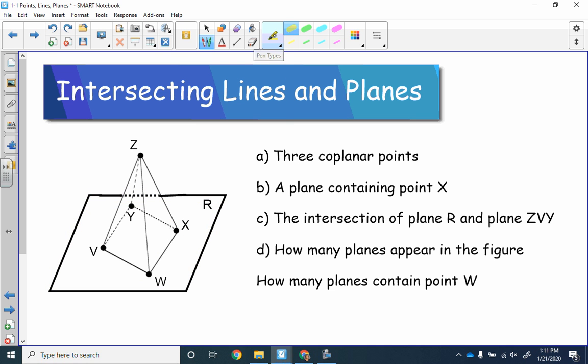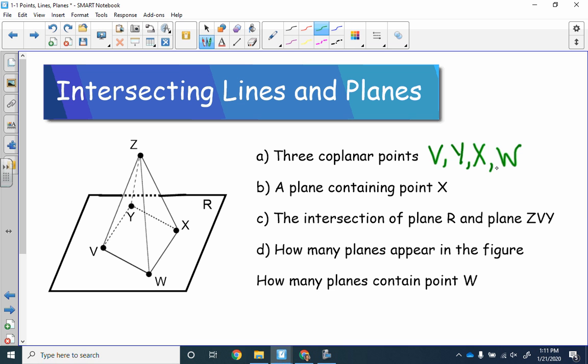All right, so the first part here is to name 3 coplanar points. 3 points that are on the same plane. We could do V, Y, and X. We could do Y, X, and W. Quite honestly, we can use any of those 4 letters there.